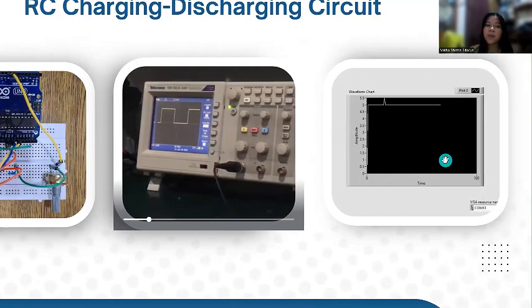In LabVIEW, data sent from Arduino via serial VISA can be displayed on the LabVIEW waveform chart. The x-axis is the time, the y-axis is voltage, here time, and here voltage. Graphs occur according to RC theory, gradually rising during charging and gradually falling during discharging.